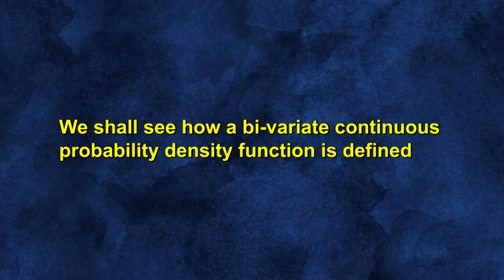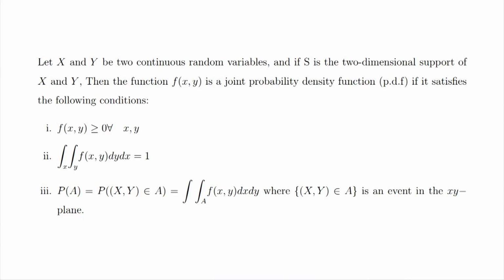Now, we shall see how a bivariate continuous probability density function is defined. Let X and Y be two continuous random variables, and if S is the two-dimensional support of X and Y, then the function f(x,y) is a joint probability density function (PDF) if it satisfies the following conditions. First condition is that f(x,y) is greater than or equal to 0 for all x and y.